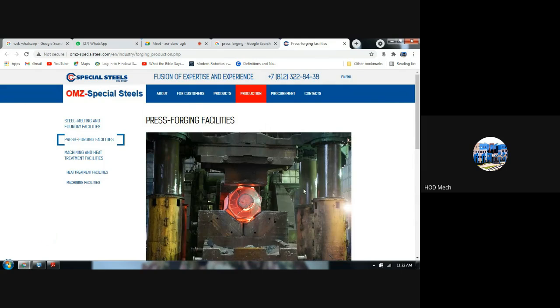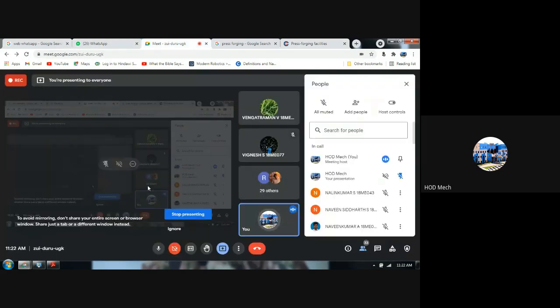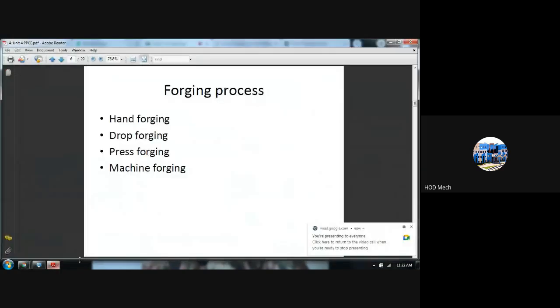Here we are not talking about small nuts and bolts, the hexagonal nut used in your cycle or bike. We are talking about gigantic components. To make them, you have this type of process. So that is the beauty of the industry, where machines are doing wonderful jobs.